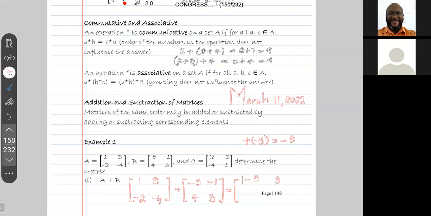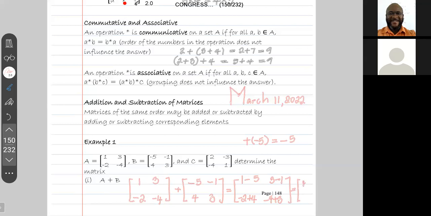Then 3, and over to the right, plus minus 1. Remember, you're adding the elements which are in the same position. So it's 3 plus minus 1, which is just the same as saying minus 1. Then we have minus 2 plus 4. And we have minus 4 plus 3.